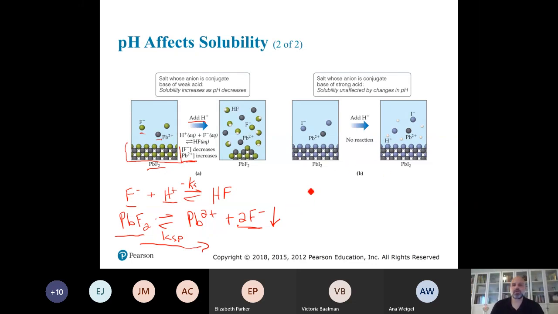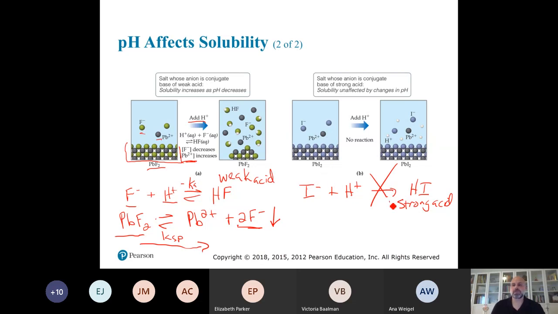Whereas in the example on the right, with I minus plus H plus, if we wanted to see whether this forms HI, the answer is that the reaction doesn't occur. The reason is that this is a strong acid, so there is no Ka, whereas on this side we have the weak acid, and there's a Ka and equilibrium associated with it.